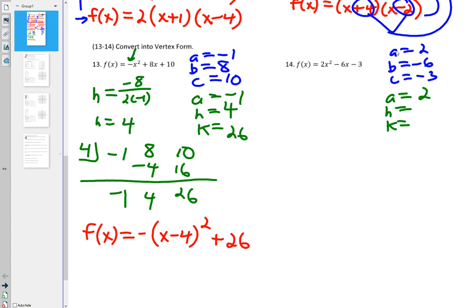Why are you stuck? Yeah, what are you getting for H? No. No fraction.